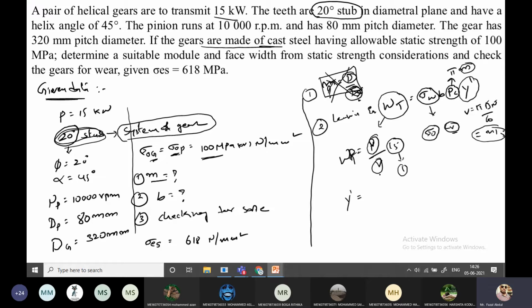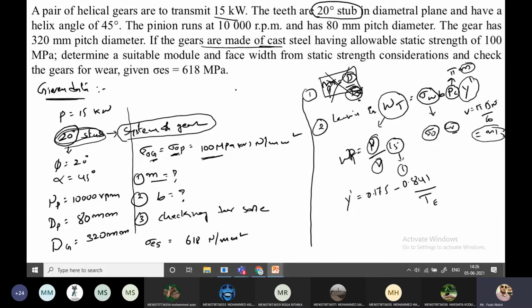This one: 0.175 minus 0.841 by TE, suffix capital E. So initially in the spur gear, if we see this one, the same equation was there, but what is the difference?